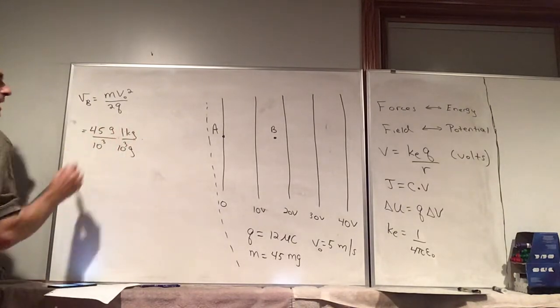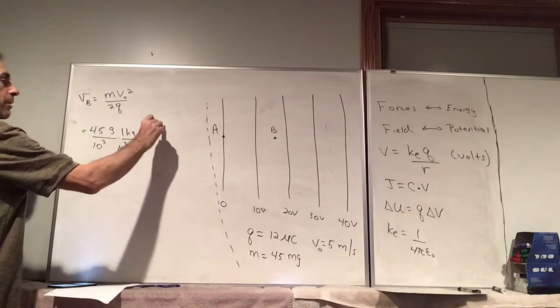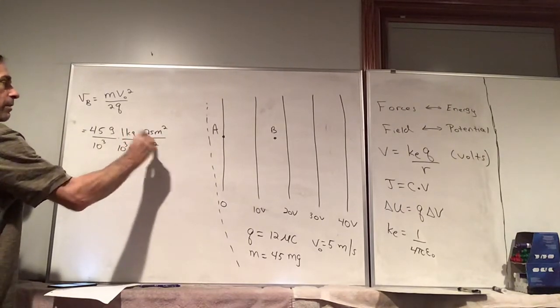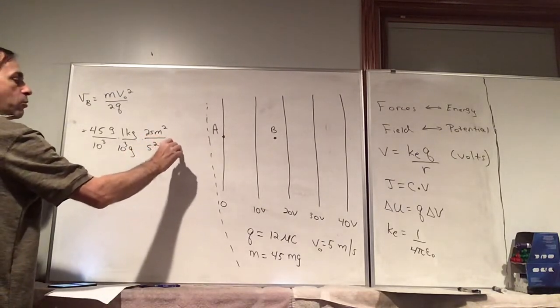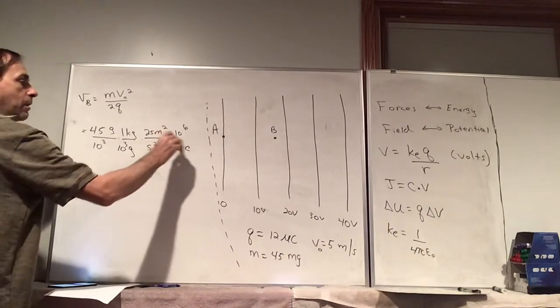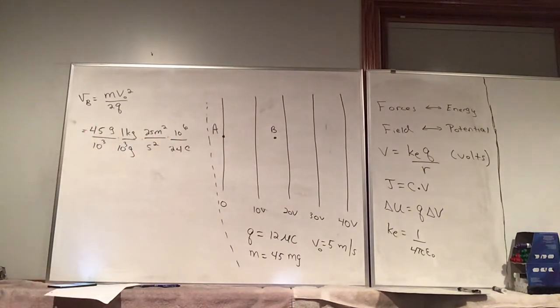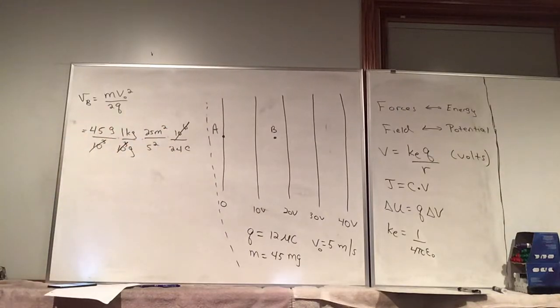Now we've got v naught squared, that's 25 meters squared per second squared. 2Q, that'd be 24 microcoulombs. So I'm going to write 24 coulombs times 10 to the 6. Micro is 10 to the minus 6, but it's on the bottom, so we have 10 to the 6. So we're going to get some cancellation, that's a good sign.